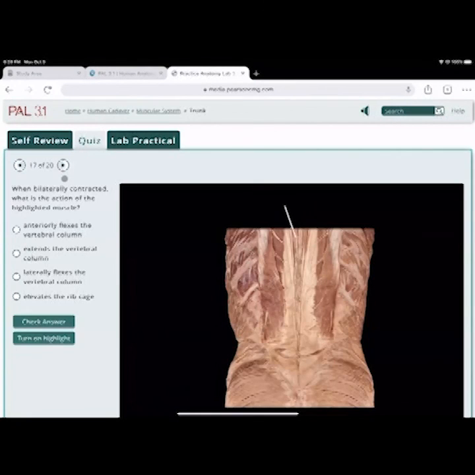When bilaterally contracted, what is the action of the highlighted muscle? Let me highlight it. Anterior flexes, extends the vertebral column, laterally flexes the vertebral column, or elevates the rib cage. Bilateral contraction.